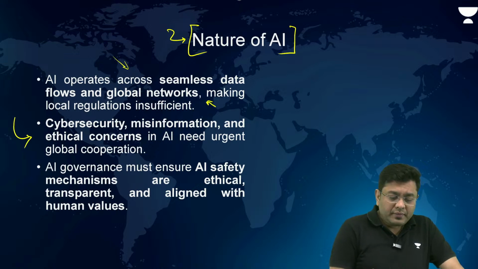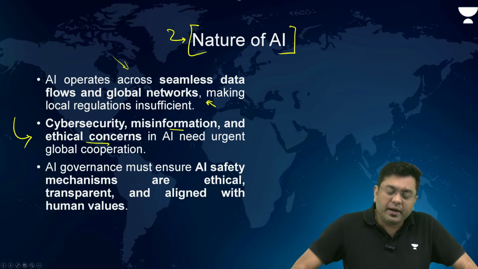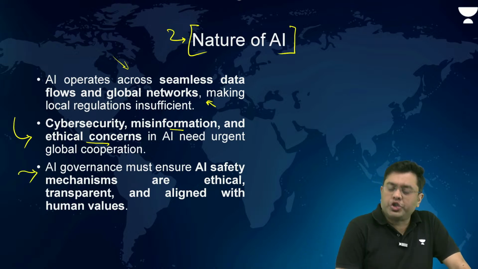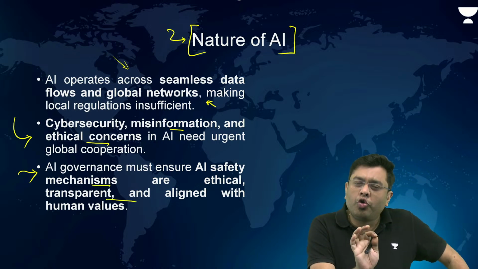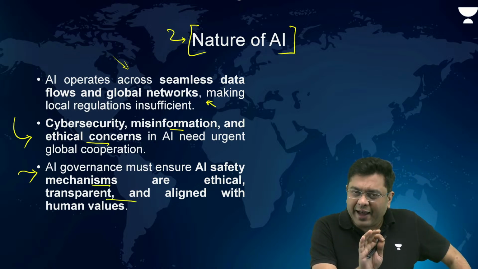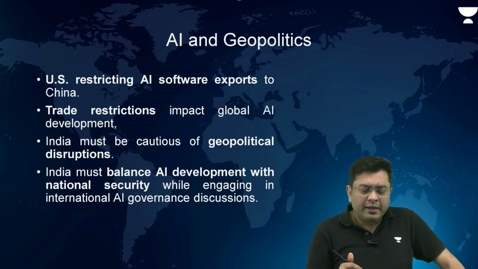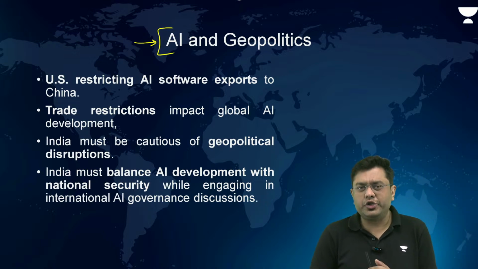Cybersecurity, misinformation, and ethical concerns require urgent global cooperation. AI governance must ensure AI safety mechanisms, ethical, transparent mechanisms developed with the core and centrality of value given to human behavior and human values. Now, this AI is not isolated even from geopolitical tensions.